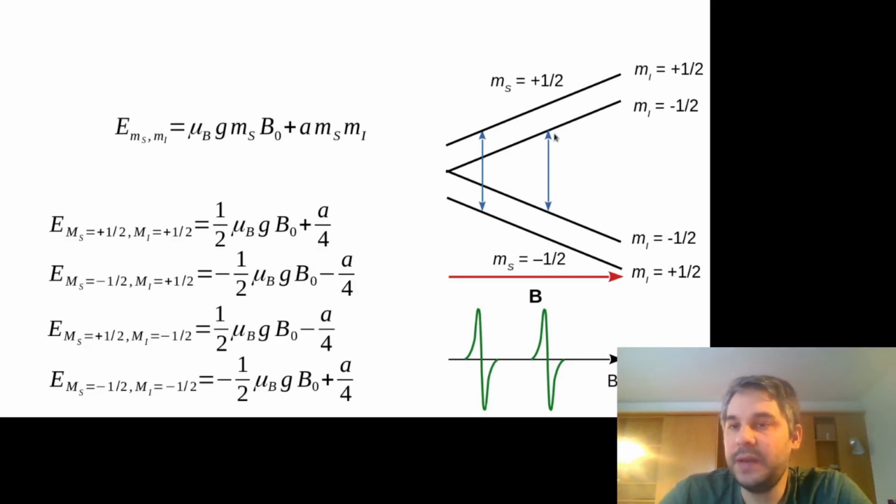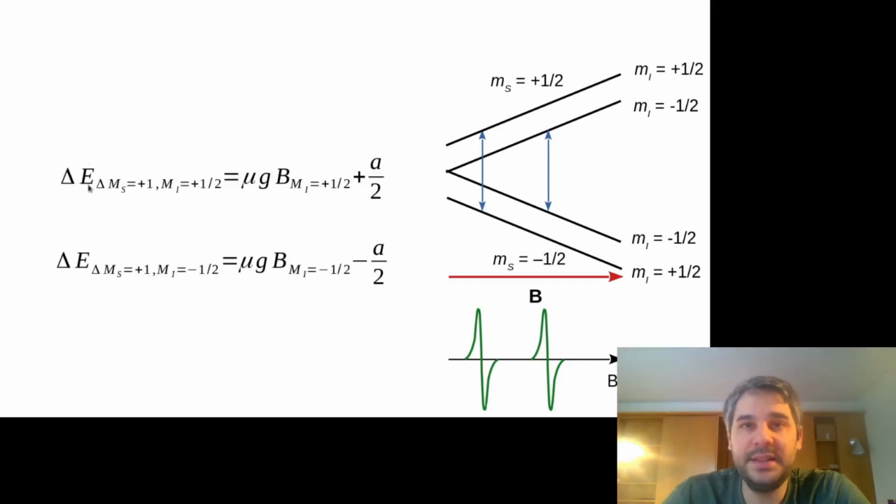So basically we have 2 transitions between ms equals -1/2 and +1/2 that keep the same value of mi. And we see these 2 transitions here that occur at different values of the magnetic field, because the electron energy levels have been shifted, have been separated, or they have gotten nearer because of the effect of the hyperfine splitting.